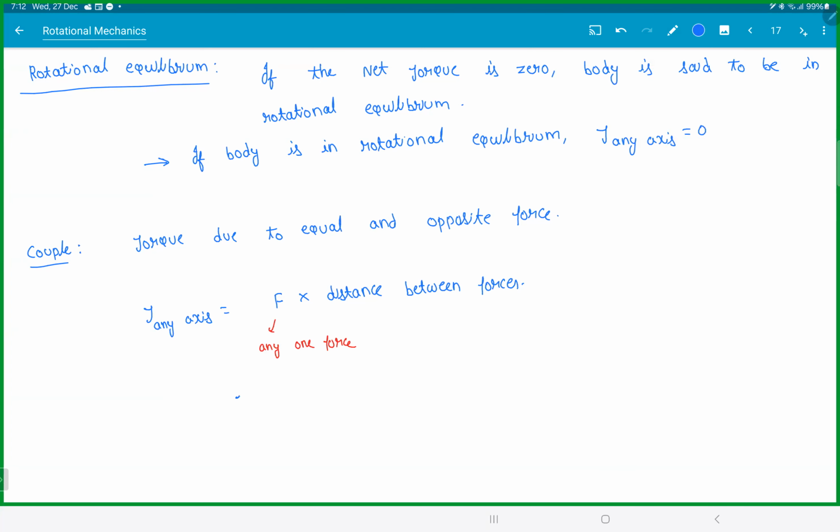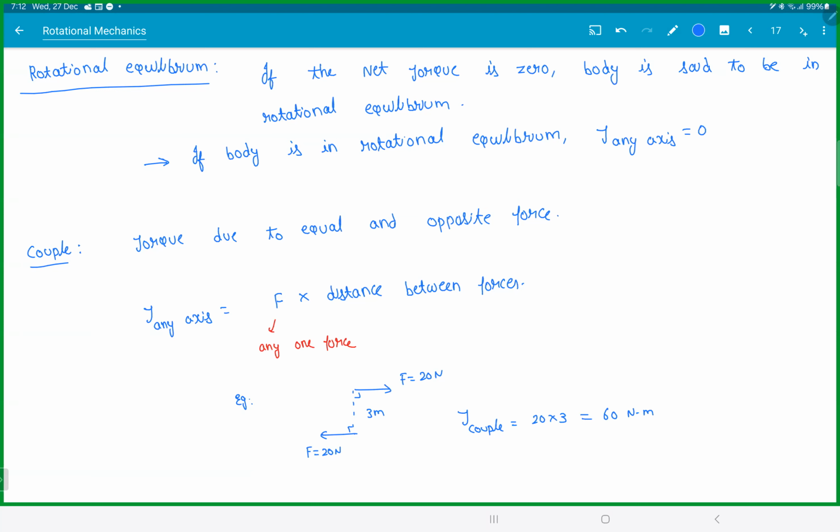For example, it would be something like this. Let's say 20 Newton, 20 Newton, and this is 3 meter. Then torque due to this couple is 20 into 3, 60 Newton meter.